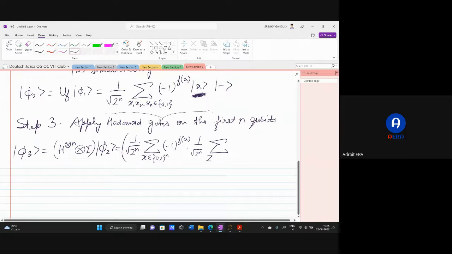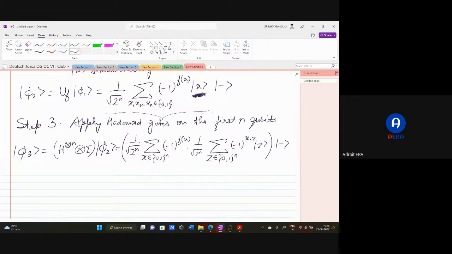So here, let us take a different variable just to not get confused. Let's say z, and minus 1 to the x dot z, ket z, right? This is the expression you get once you apply Hadamard tensor n to a general state ket x, and I gave the formula for this in the morning. I have directly utilized that formula.